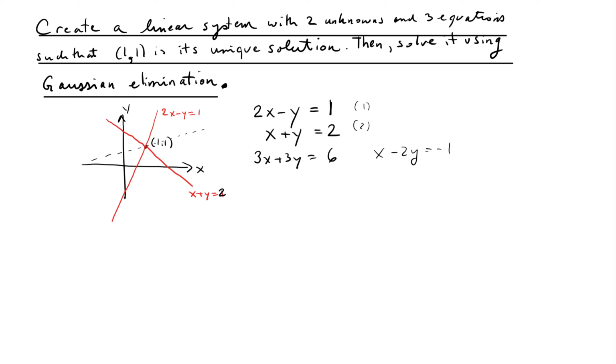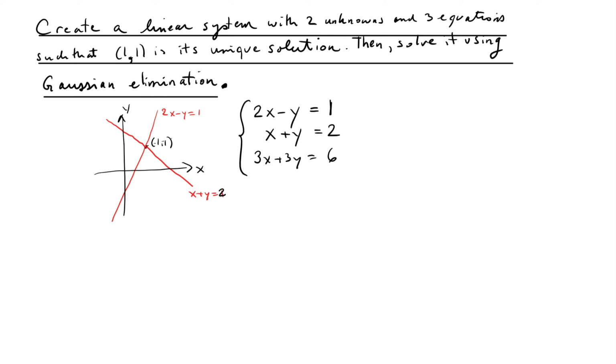So anyway, I've chosen something simpler than that. I've chosen to just multiply throughout my second equation. Okay, so I've got this system. Now I'm sure that (1, 1) is a unique solution, and I'm asked to solve this using Gaussian elimination.